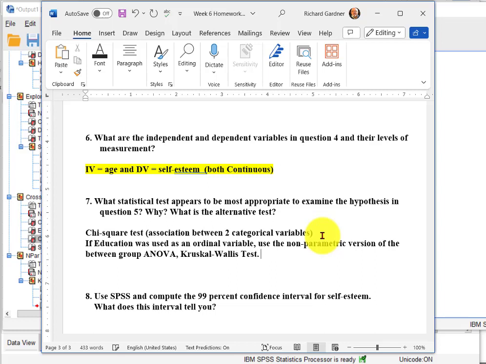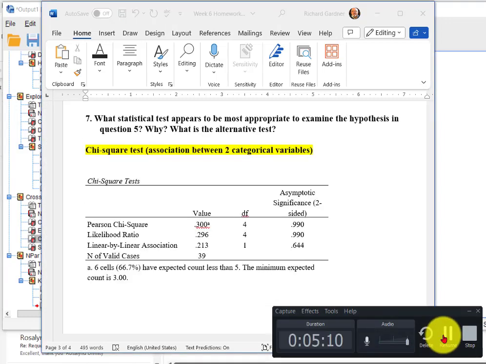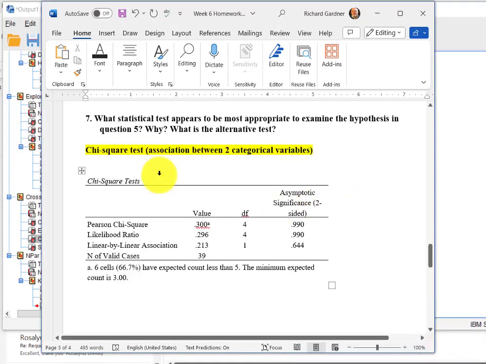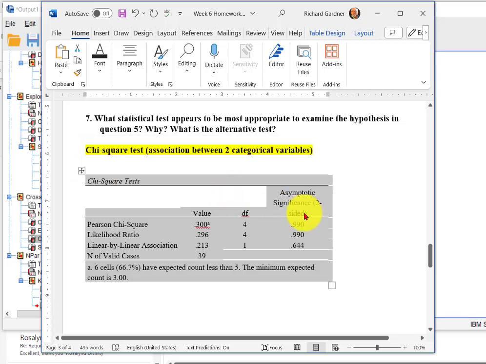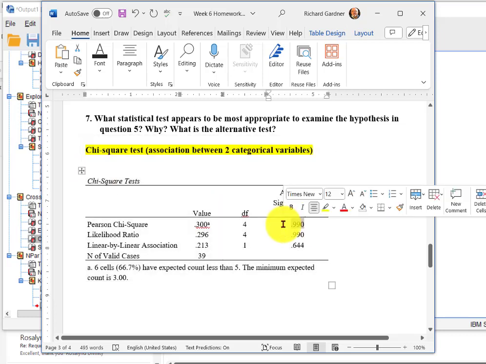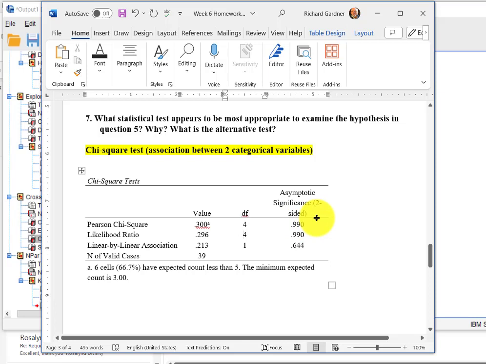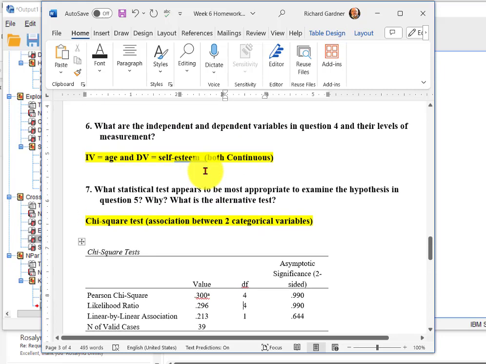I'm going to print them out for you right now, so hold on. So this is a chi-square test. You'll notice the significance is nowhere near under 0.05, therefore there's no significant association between the levels of education and the different groups of ethnicity.